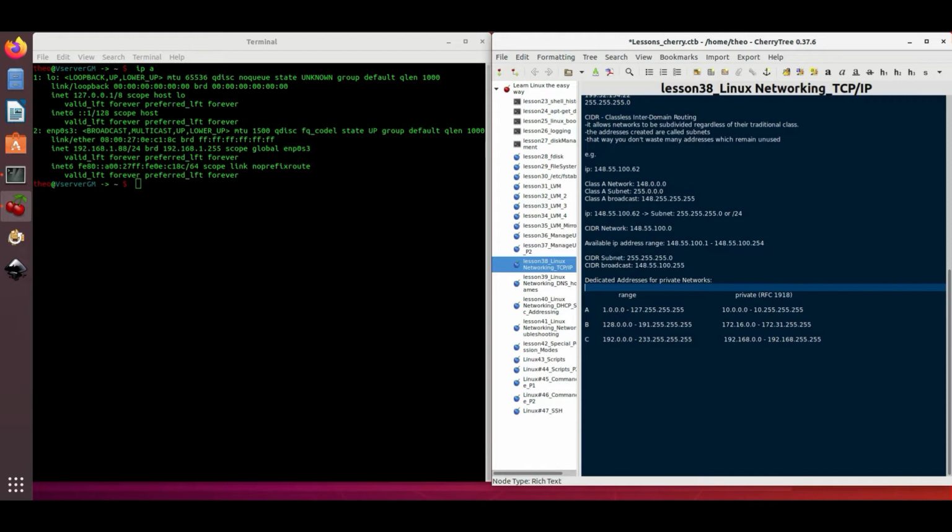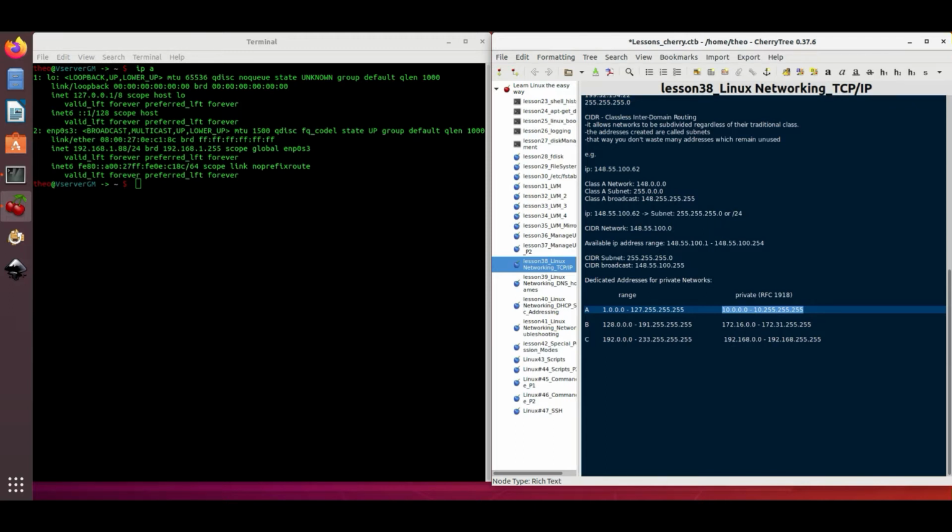And the range would be, if it is a class A, the range from the whole class A, and the private addresses, which were defined in RFC 1918, are from 10.0.0.0 to 10.255.255.255.